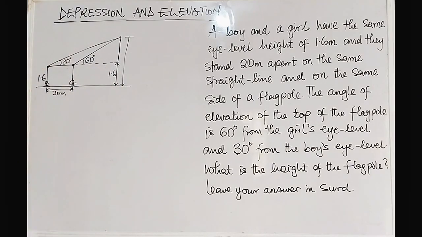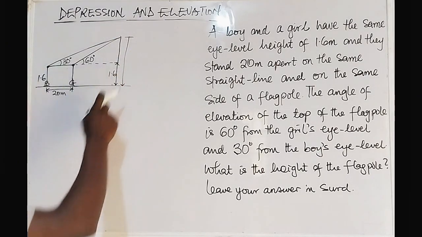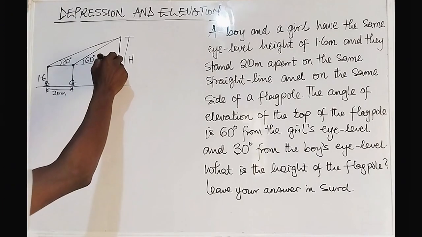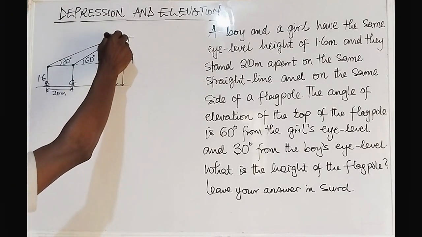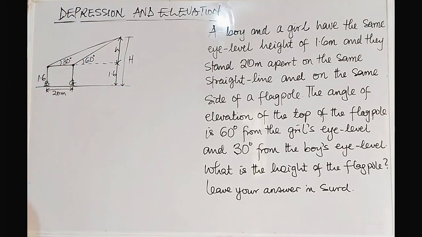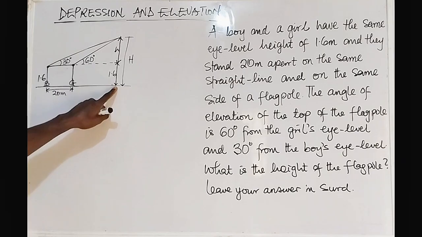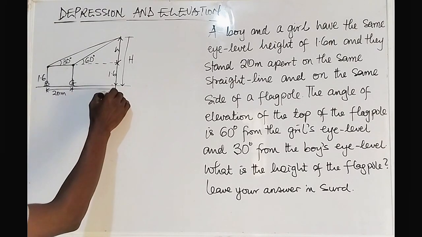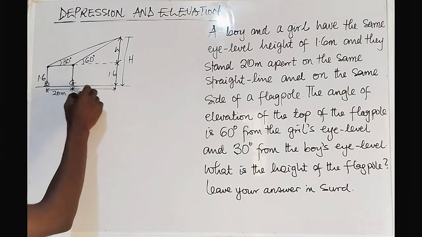So if the whole pole is represented as capital H, then from here to here we need to find the value, let us represent it as small h. Take note that the distance between the boy and the girl is 20. However, the distance between the girl and the foot of the pole is unknown, so we can represent that with, let's say, x.